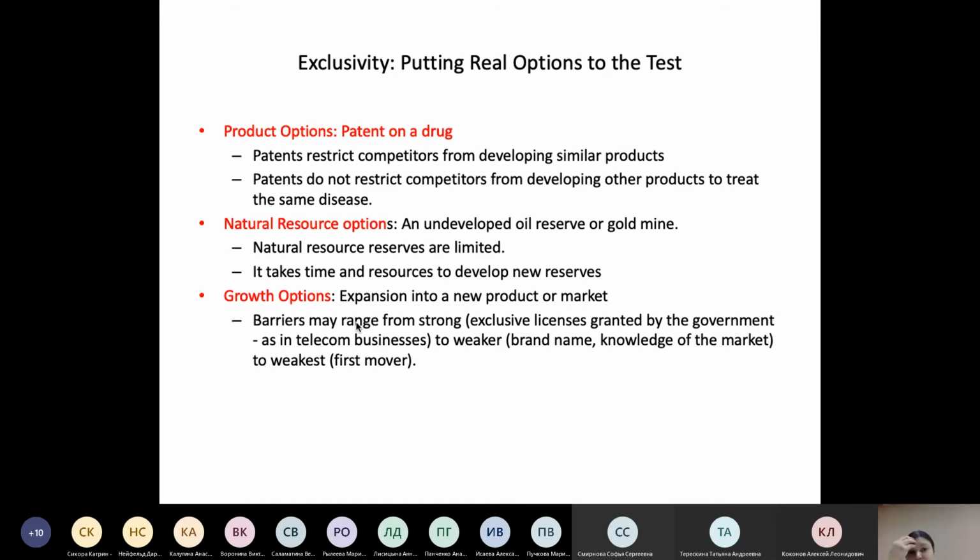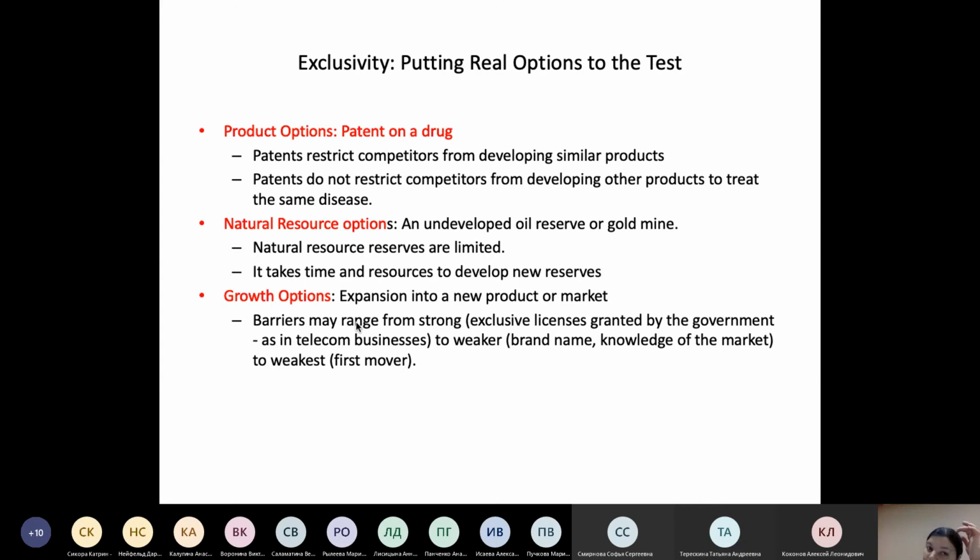Returning to our classification, let's finish with the classification of our real options. First of all, putting real options to the test and our exclusivity. Product options, patents and drugs. Patents restrict competitors from developing similar products, but patents don't restrict competitors from developing other products to treat the same disease.